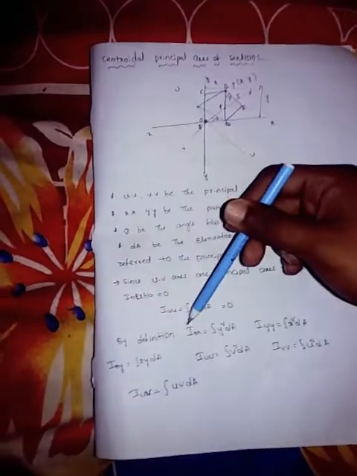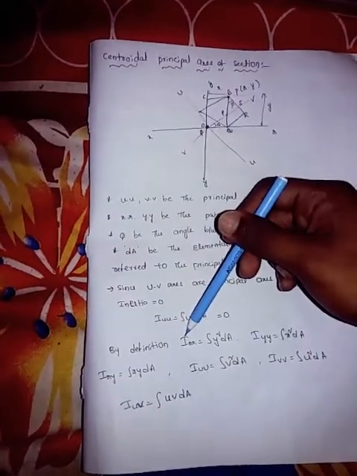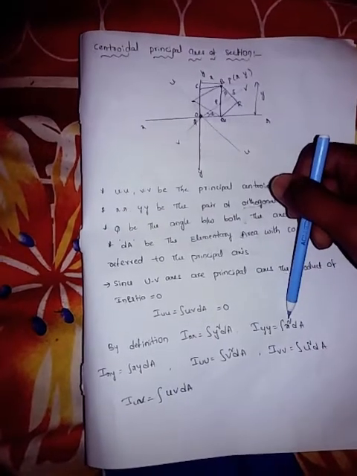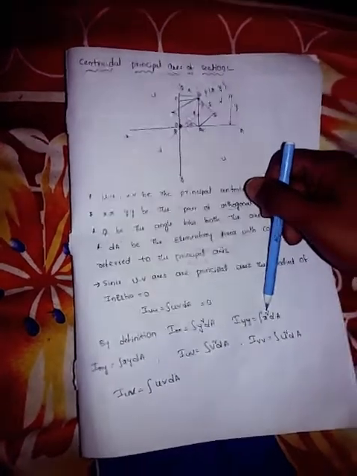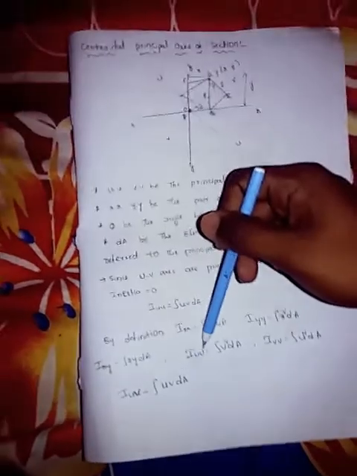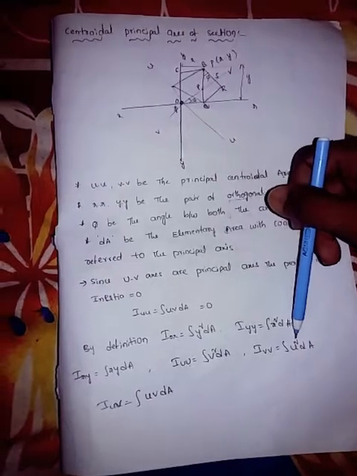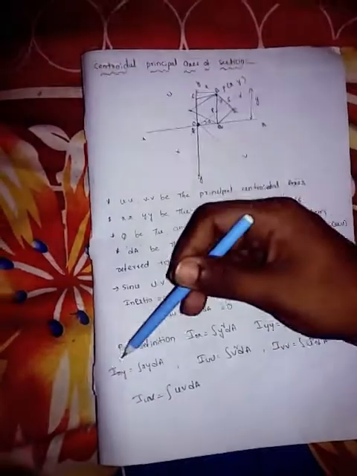All expressions: for I of XX we take the y coordinate, for I of YY we take the x factor, for I of UU we take the u factor, and for I of VV we take the v factor. Therefore, for UV we already know the expressions I of XX, I of YY.